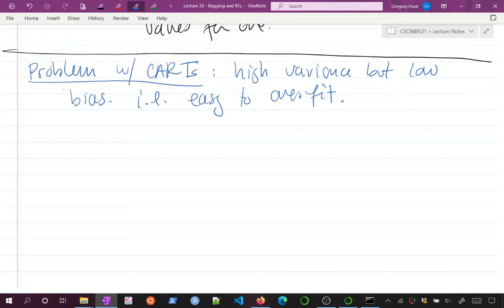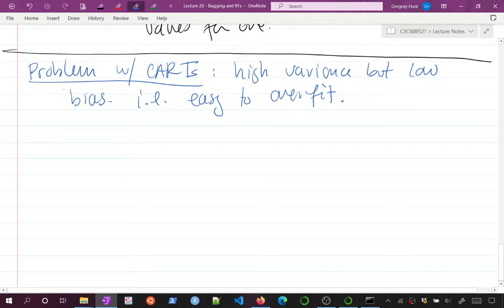And so one of the issues that people have with CARTs is that they tend to be really overfit. They have a low bias, they can fit really complicated shapes, but they have this high variance.